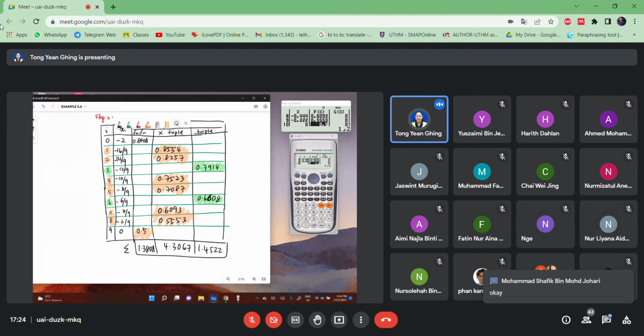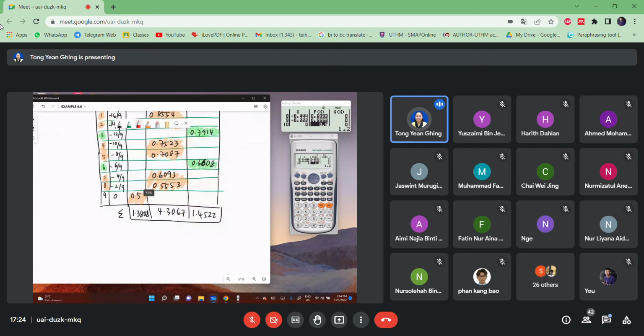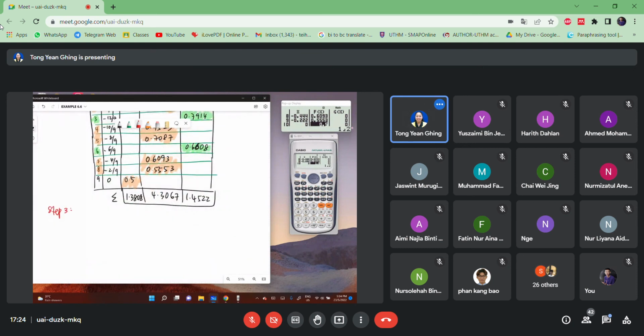Okay. Now we have to put in the formula. Step 3. Remember the formula just now? This one is from negative 2 until 0, 1 over 1 plus e to the x dx, equals 3h over 8 times f naught plus fn plus 3 times the non-triple ones. I write like this, plus 2 times the triple ones.